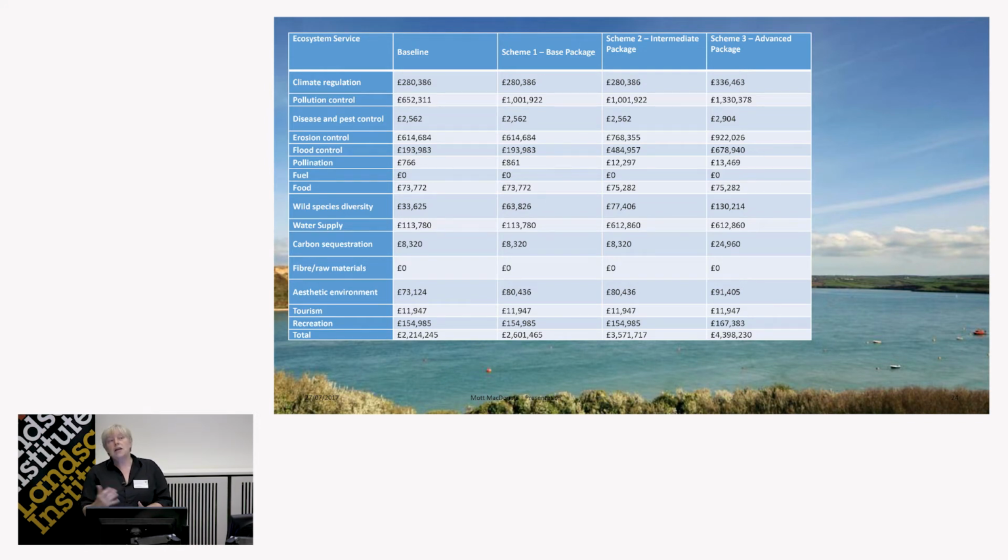So you can actually now put a line in there, which can make the difference between maybe not getting funding to do managed realignment or even raising walls, and getting it. So I think the monetary valuation is really very, very important.